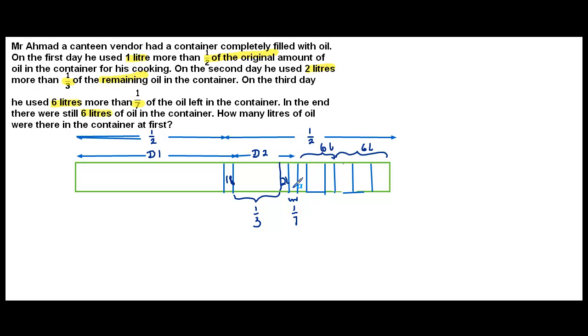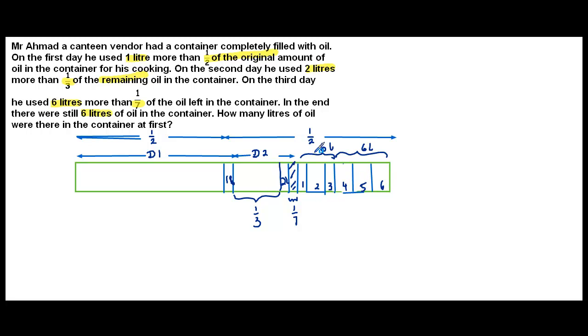After we have divided the parts here into 7 units and have used 1/7 here, we can see that the remaining units equal 12 liters. That means the remaining units are 1, 2, 3, 4, 5, and 6.